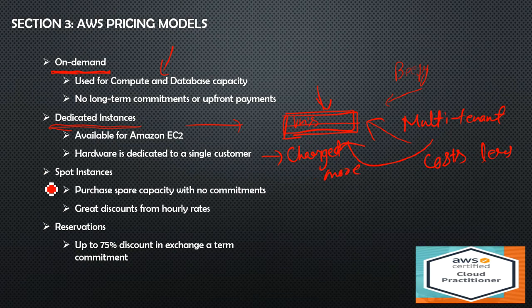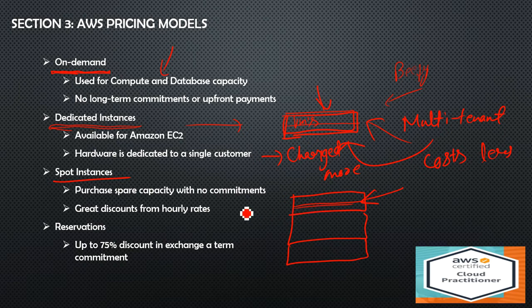And then you have the spot instances. These are basically the resources that are not utilized in the AWS infrastructure. They provide them at a great discount as long as there is no demand. But once there is demand, they can just take it away from you, so if you are running any VMs, those will be taken out.